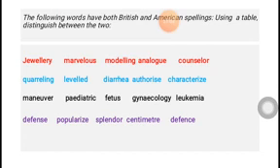So you arrange these words and you put the ones that follow American spelling under American spelling, and the ones that follow British spelling under British spelling. Okay, now you can write the words down and arrange them under each spelling type correctly.